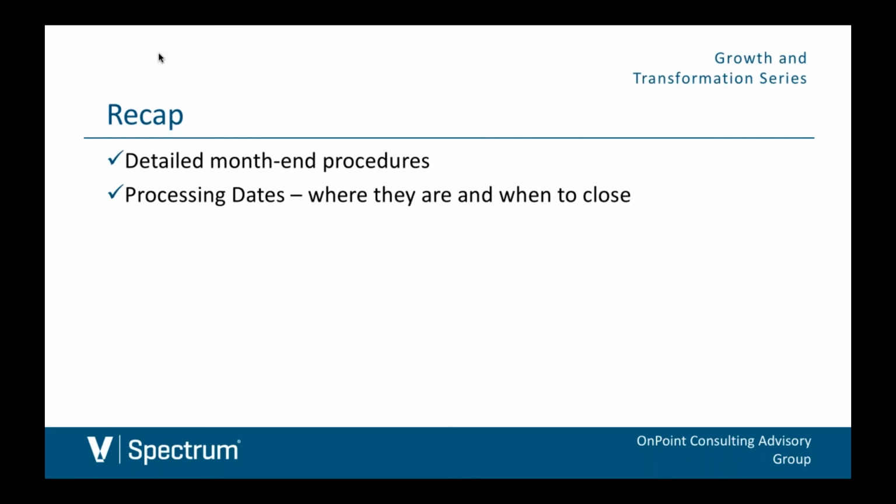And one thing I forgot to mention on that, because we always referenced going to system admin installation processing dates, you will also see a link to rolling the processing dates within each module. Under period end, there is a link to processing dates.